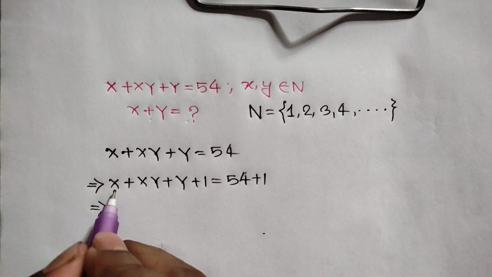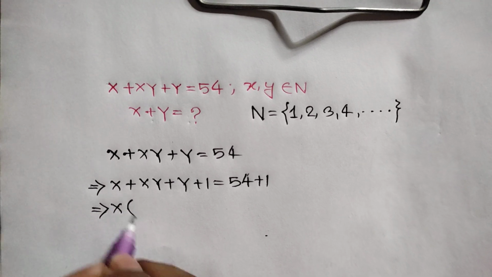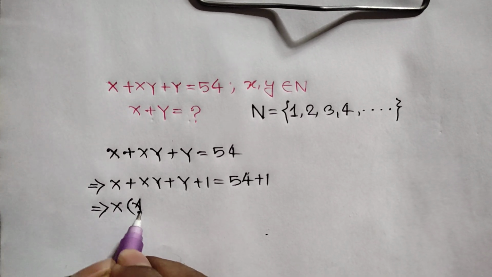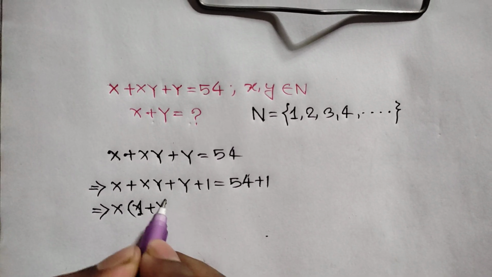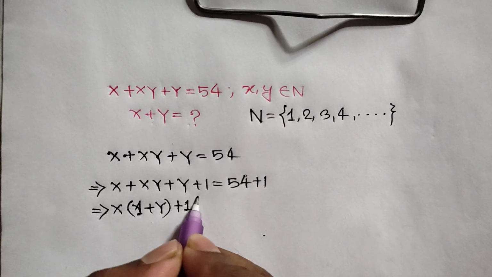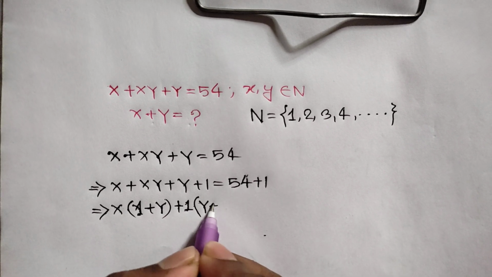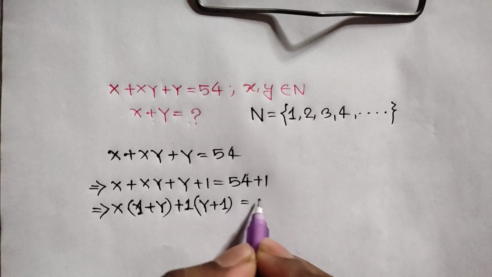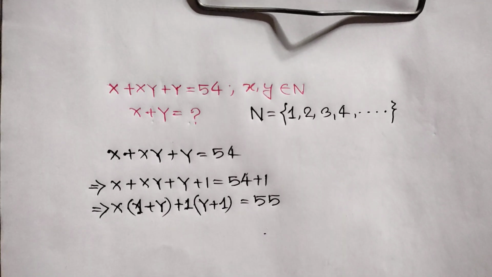Taking common x from the first two terms we get x times (1 plus y), and taking common 1 we get (y plus 1) is equal to 55.